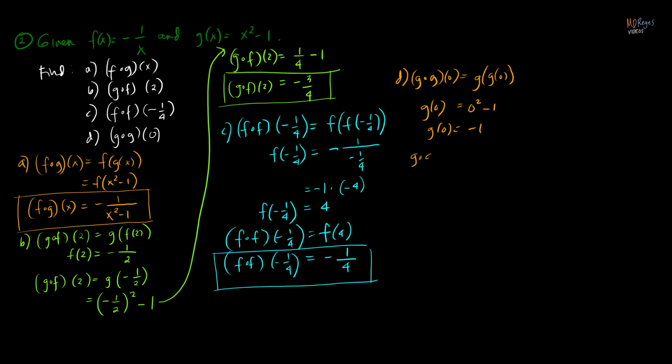Now g circle g of 0 is equal to g of g of 0, where g of 0 is -1. Now applying -1 to the function g once again, it's -1 squared minus 1. We just substitute -1 for x in the function g. This is 1 minus 1 equals 0. This is g circle g of 0. This is our final answer.